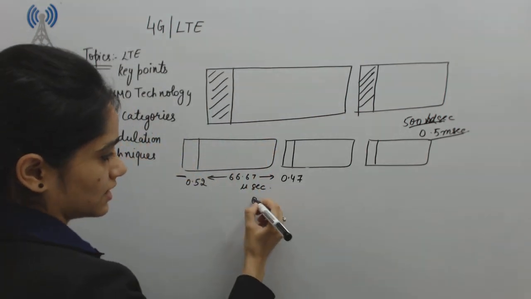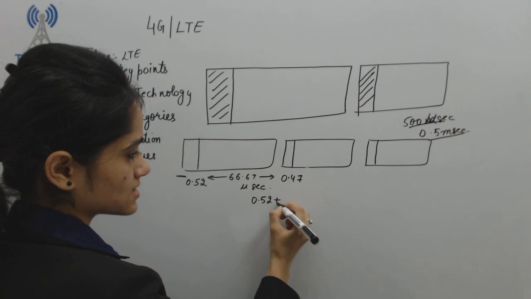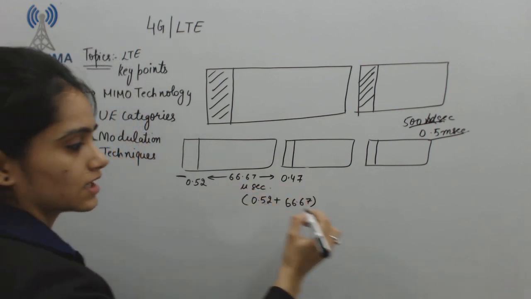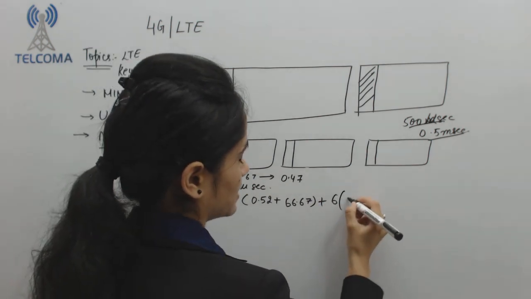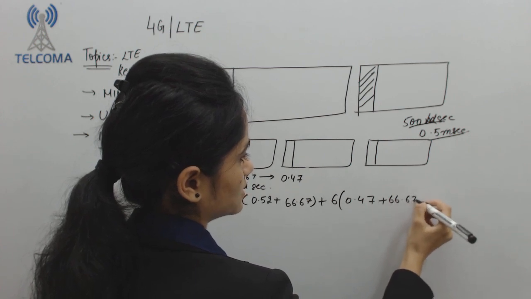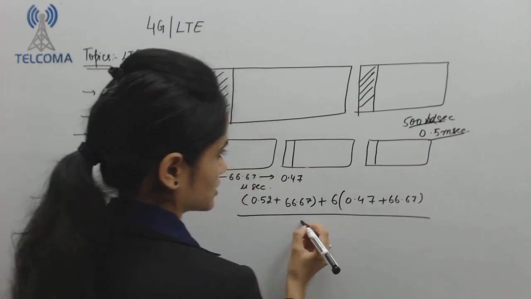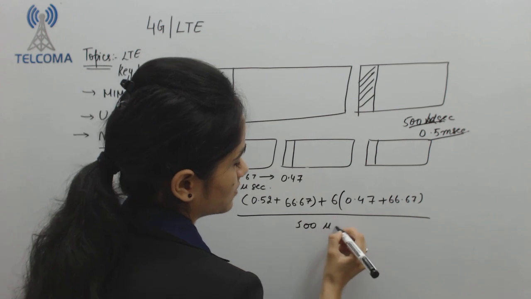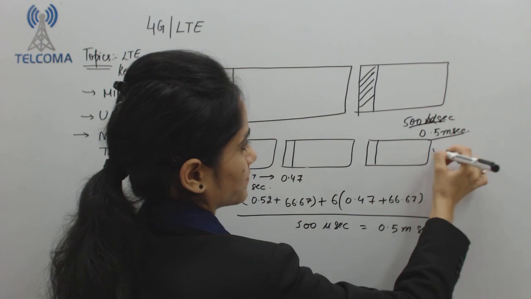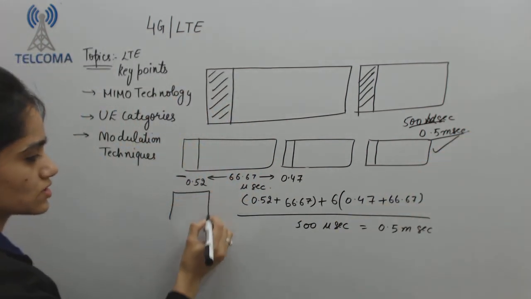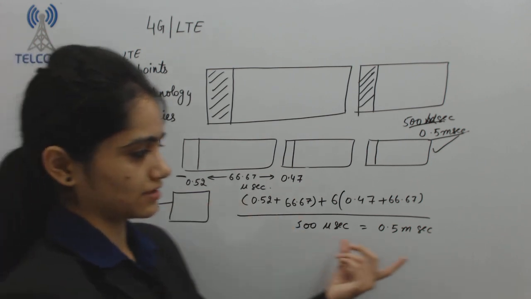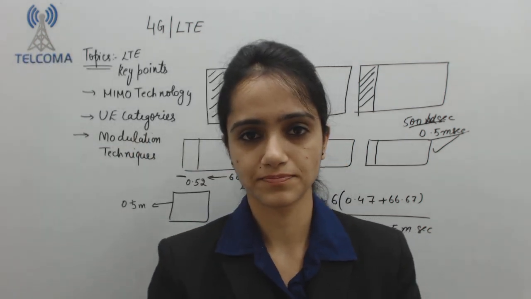Now the calculation: 0.5 plus 66.67, then 6 multiplied by 0.47 plus 66.67. The whole timing of the calculation is 0.5 milliseconds, because a resource block is of 0.5 milliseconds. Now we have calculated the timing durations.